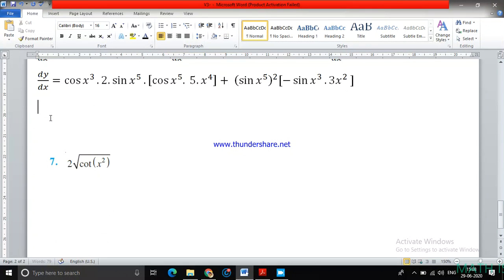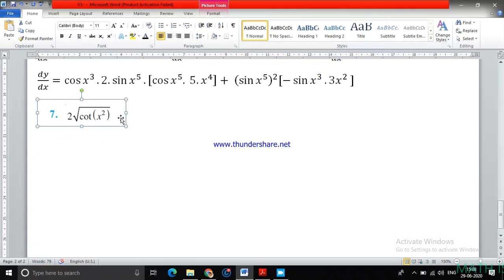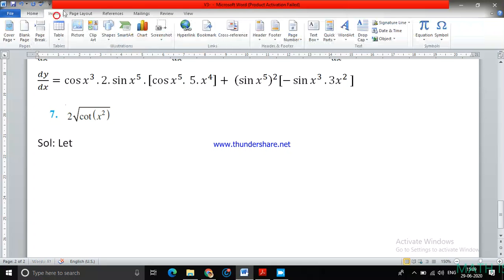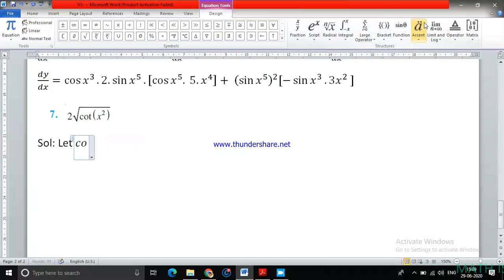Now when it comes to this 7th question, 2 root cot x square. So here what I do is, in the solution, let me take cot x square is equal to some t.